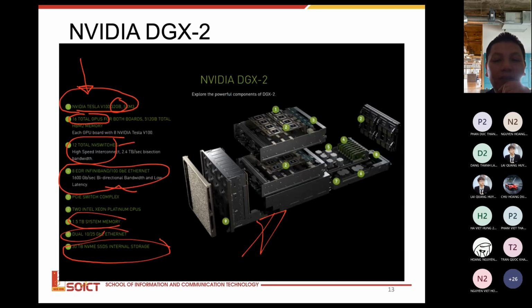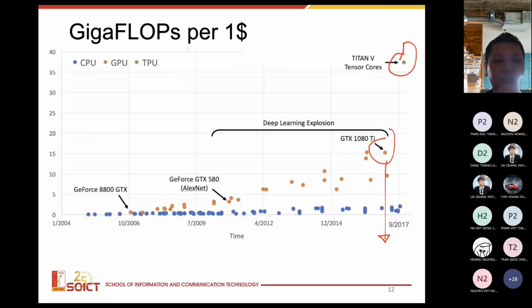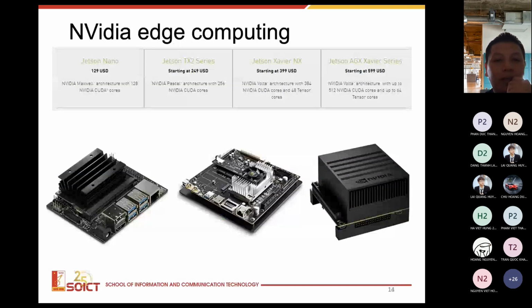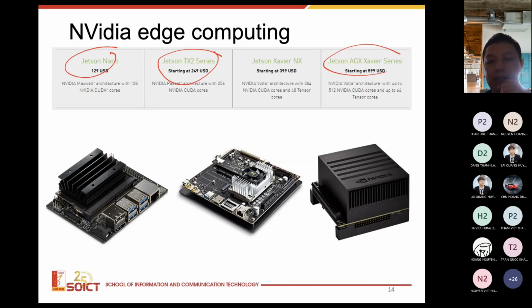Okay, so besides that expensive hardware, we can have hardware to do deep learning on device. Here we discuss the NVIDIA edge computing. For example, you have the Jetson Nano and the Jetson TX2, and this is the Jetson series. This is a small device that can be used with an embedded system.